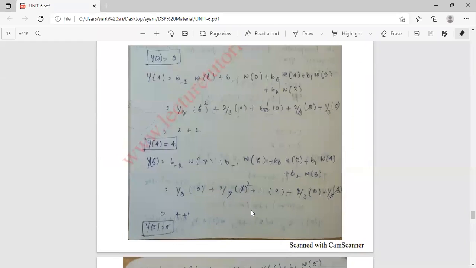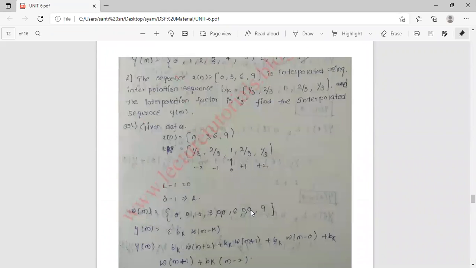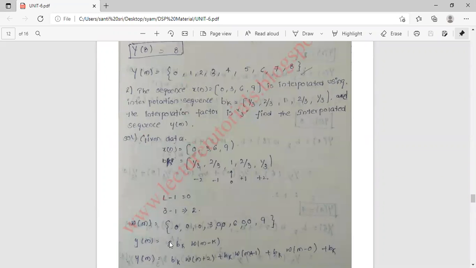Clear? So first of all, based on the sequence, what is the sequence? Interpolation sequence. Based on the interpolation sequence, it will be calculated. So this is the interpolation sequence given. L minus 1 means in between these values there are zeros.